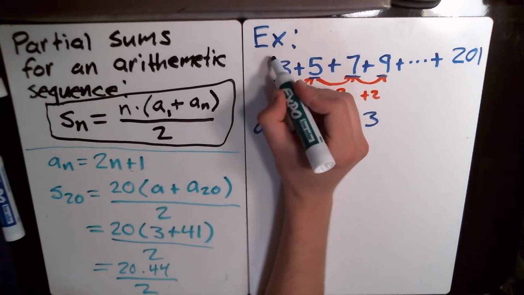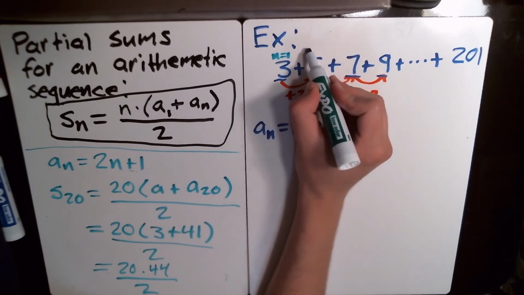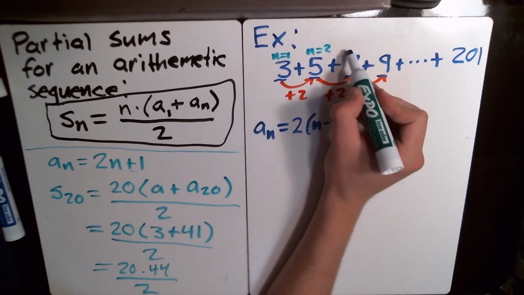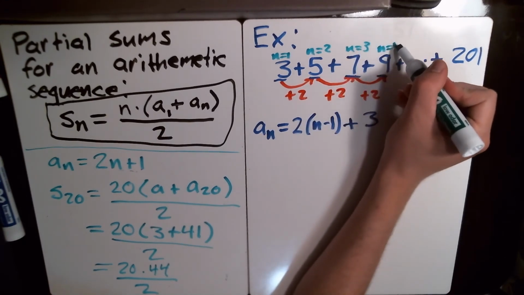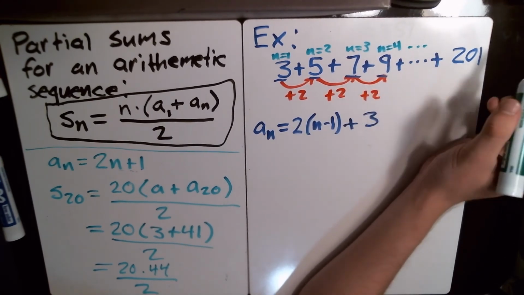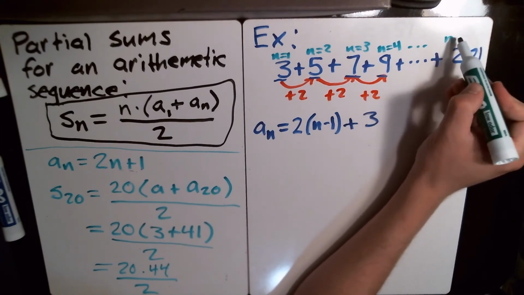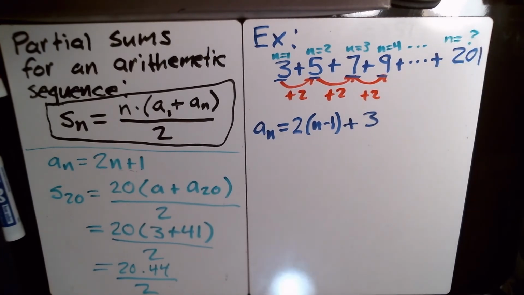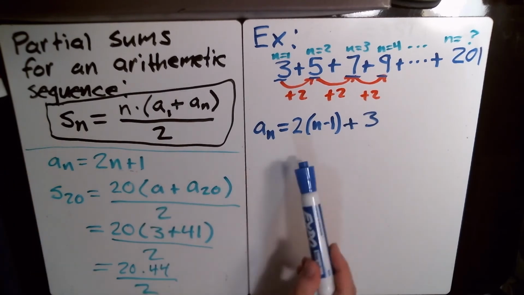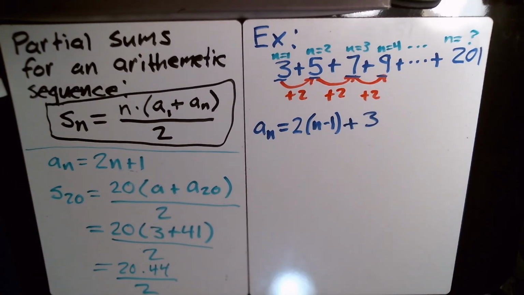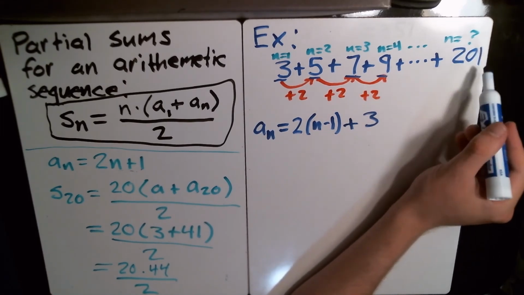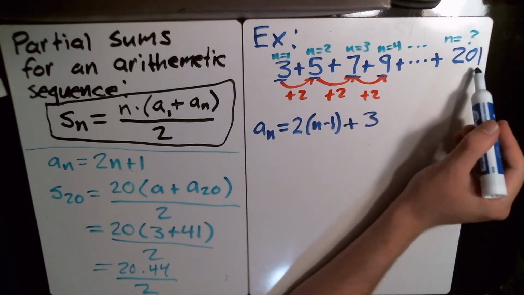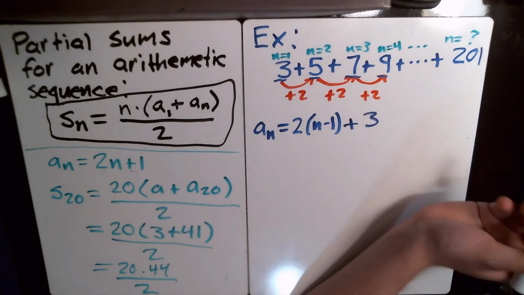So n here was 1, n here is 2, n here is 3, n is 4 here, and so on, but I don't know what n is going to be at the end here. This is where we can use the equation that we just wrote to figure out what term 201 is in this sequence.